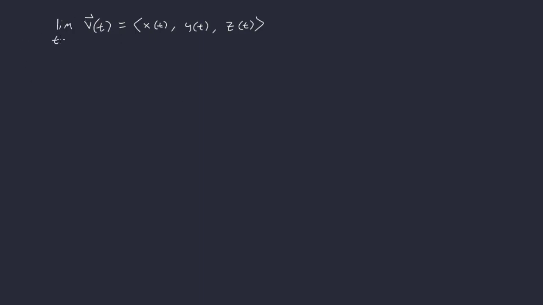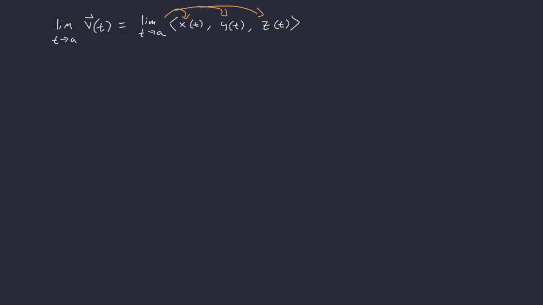If I'm taking the limit as t goes to some value a, that's the same thing as taking the limit of this whole vector-valued function. Okay, so shift that over there, and it would be the same as just taking the limit of this. Now, it turns out that the limit can jump into the vector component-wise.